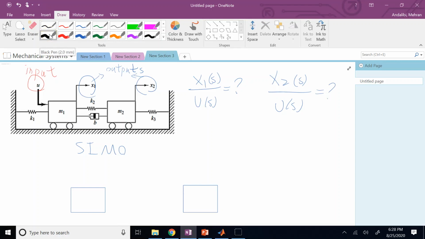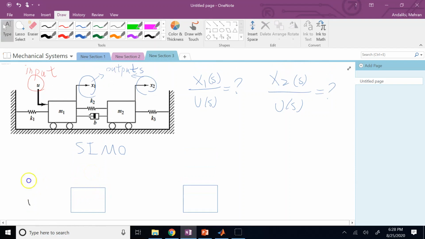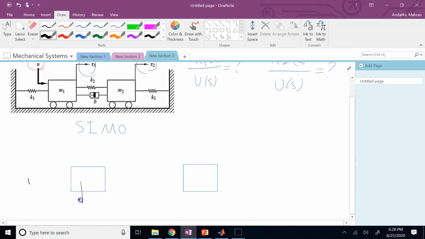So there is this force m1g. There is a normal force n1. There is the external force u. I don't know why, but my pen does not always cooperate.